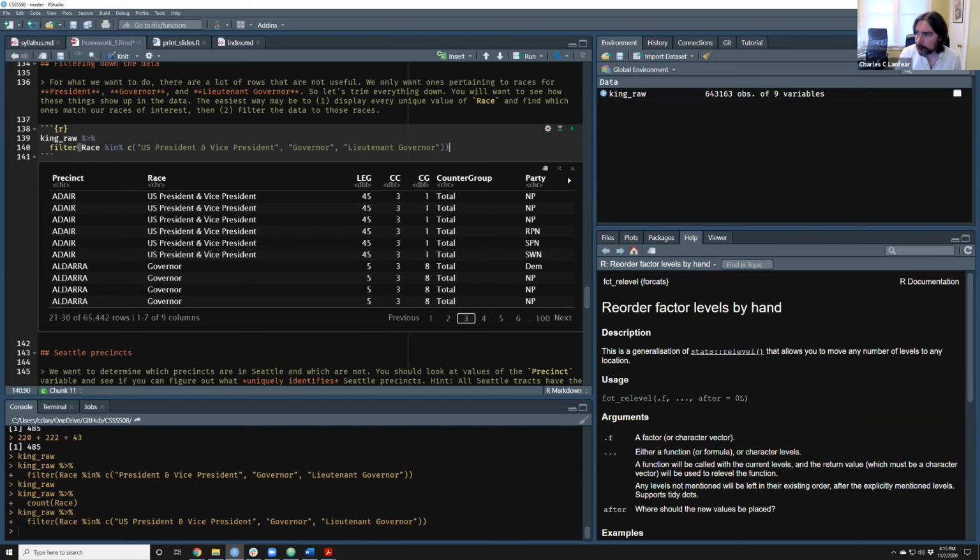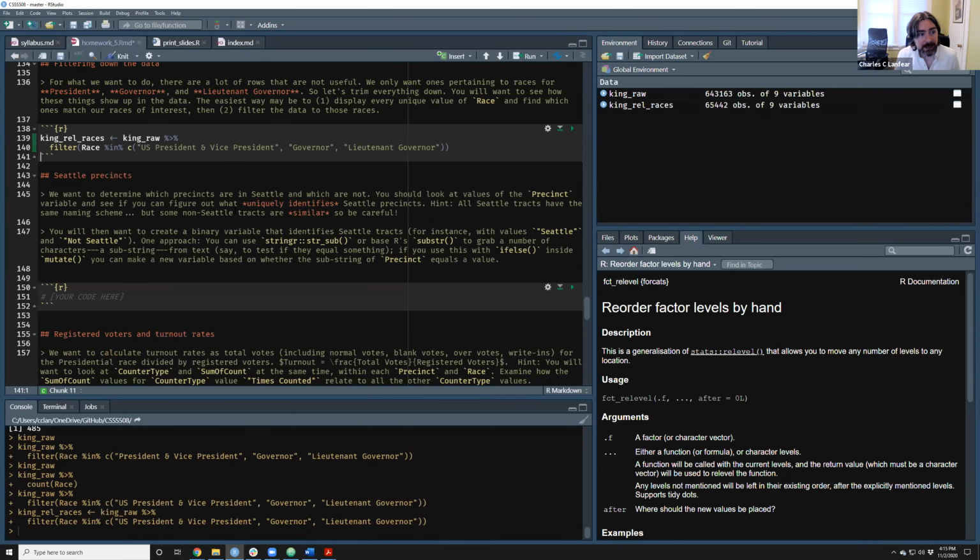Okay. So let's assign this to, let's say, king relevant races. What I'm saying here is I'm going to assign the result to king relevant races, the races that are relevant to the work that we're doing. This is sort of an arbitrary name.